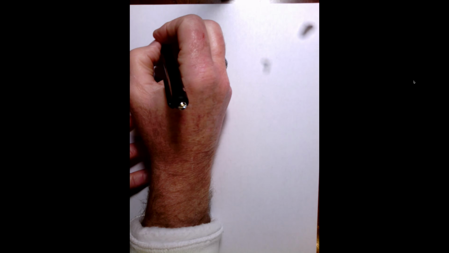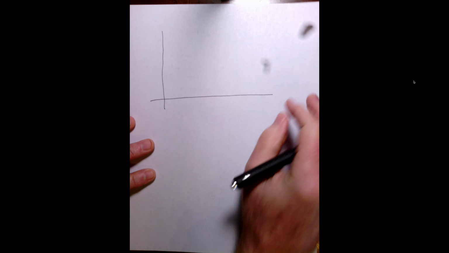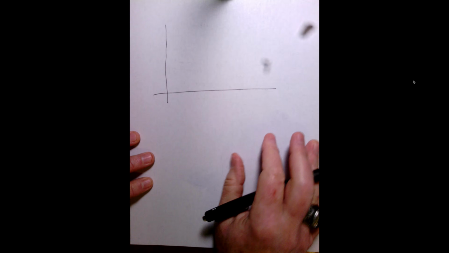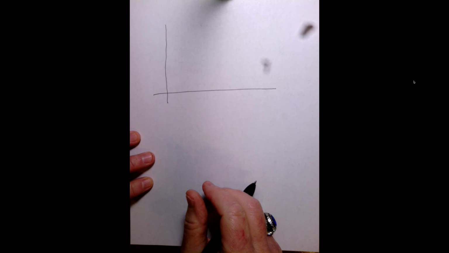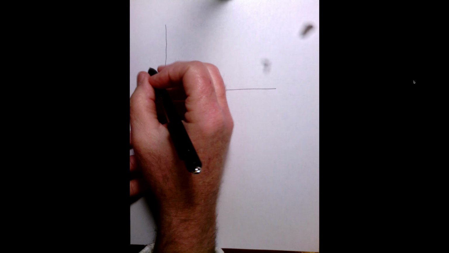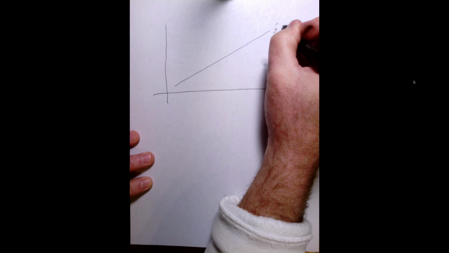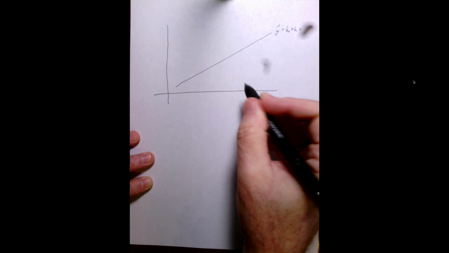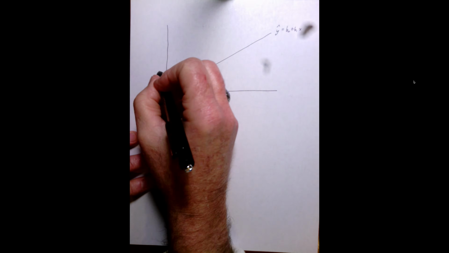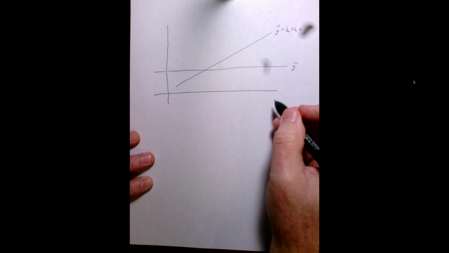Now, I think to really motivate this idea, it helps to look at a graph that's kind of conveniently presented. So let's say that we have a regression model. And let's say that we have a y bar, so we have a mean.